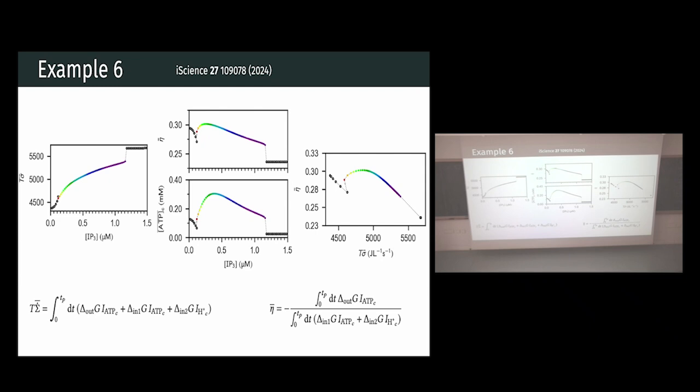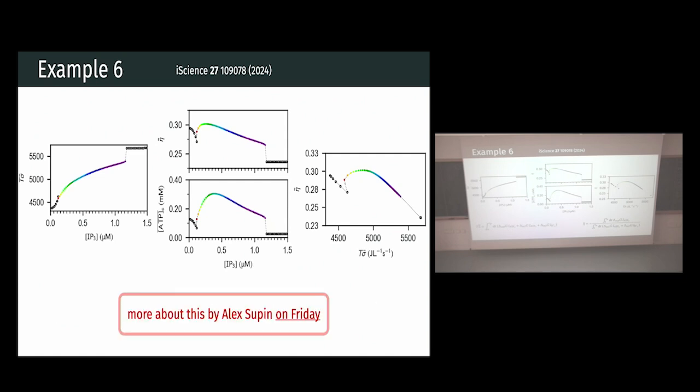And you have a very weird behavior where at steady state the efficiency is dropping, and as soon as the calcium oscillations are kicking in, you get an increase in the efficiency. All right? But about the biological implication of all of this, Alex is going to talk about it on Friday, I think. Okay.